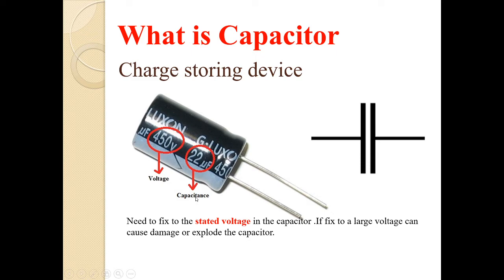So voltage is mentioned in volts and capacitance most of the time is mentioned in microfarads. This is the micro letter, mu, the Greek letter, with a capital F, so we call this unit the microfarad.